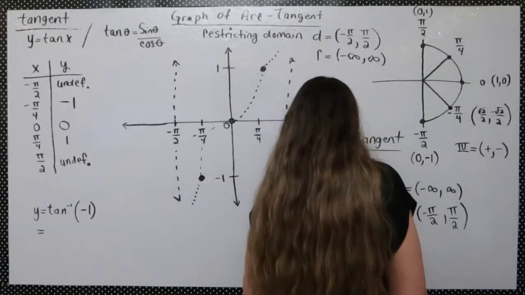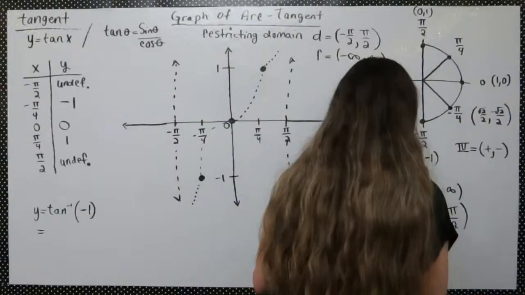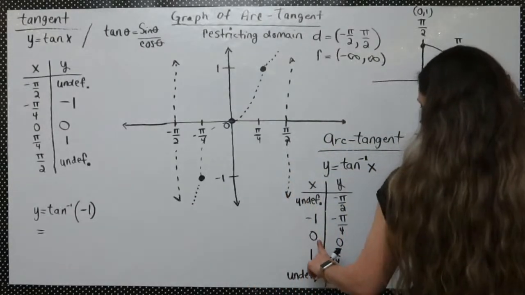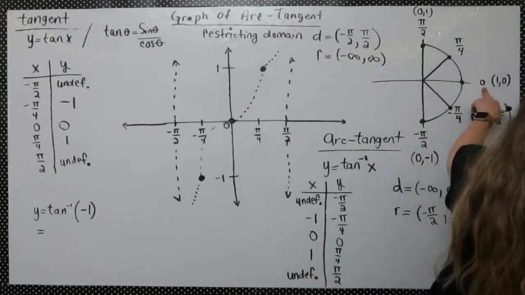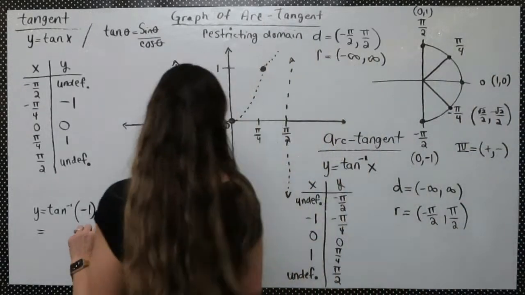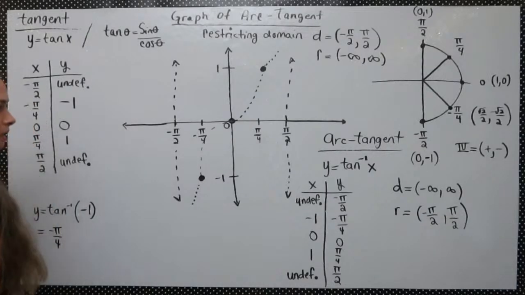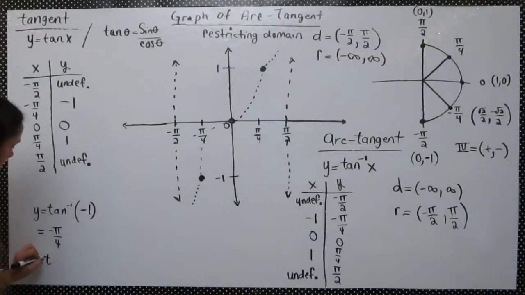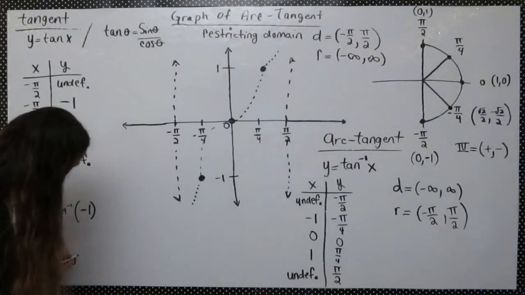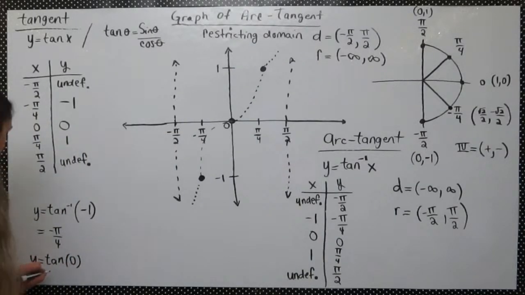Then when is tangent 0? It's at 0 degrees. So y equals inverse tangent of 0, and that's 0.